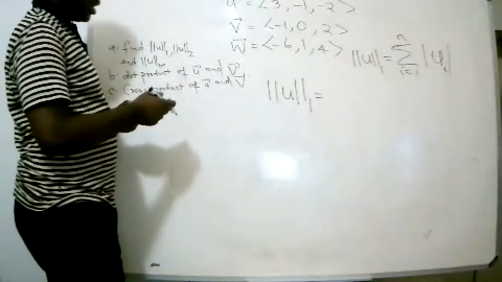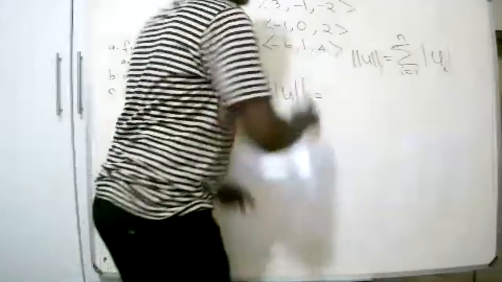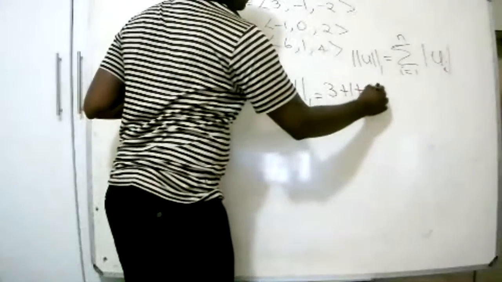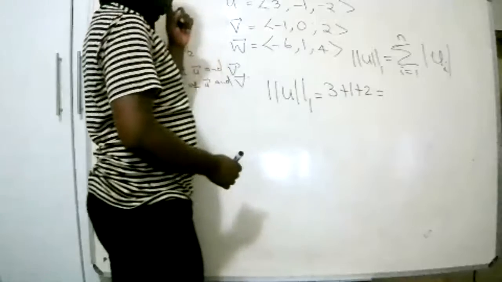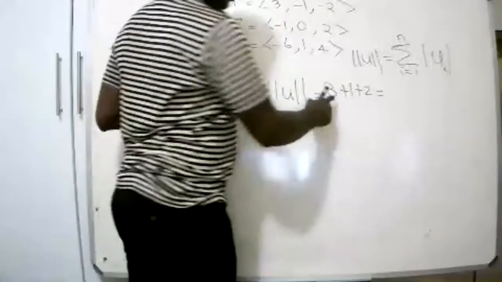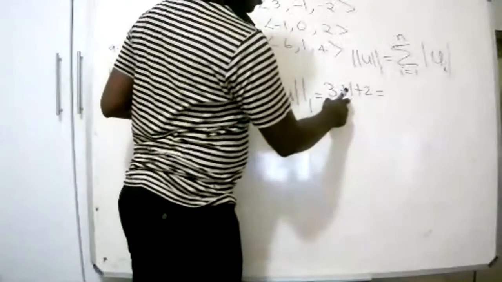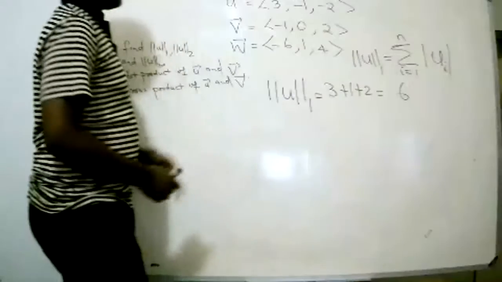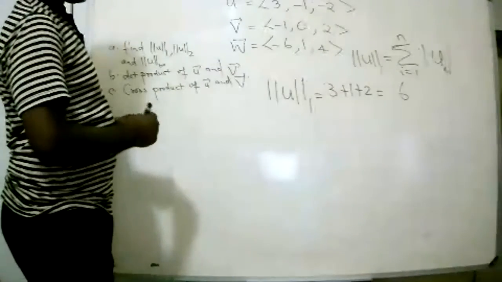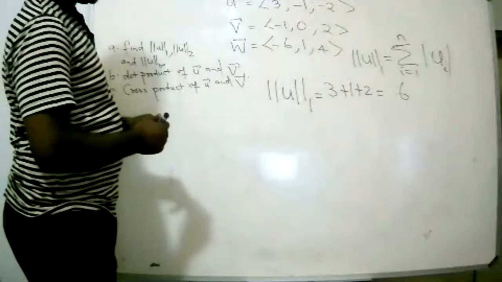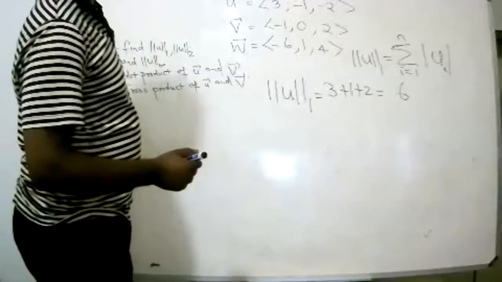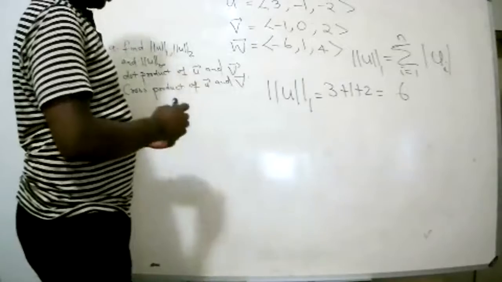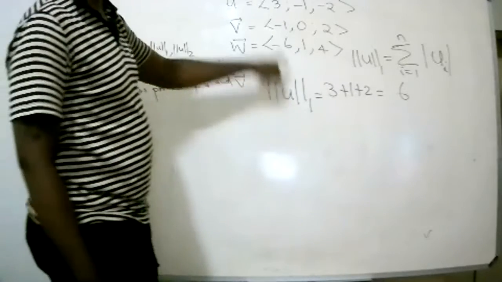So we add 3 plus 1 plus 2, which is equal to 6. That is what is called the one norm of u.